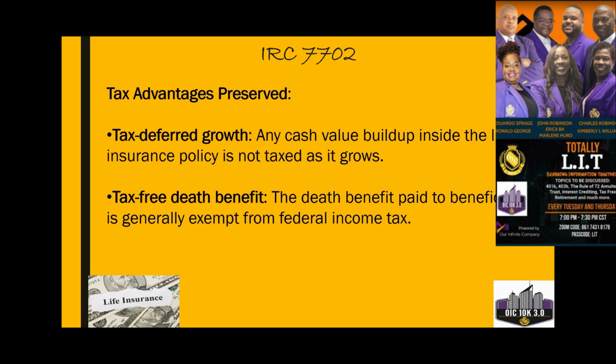But this is similar in a way, and kind of different, because not only do you have that tax free growth, but it doesn't have the same constraints as far as when you're able to access the money. And how you access the money also determines whether or not you create a taxable situation for you and your family.